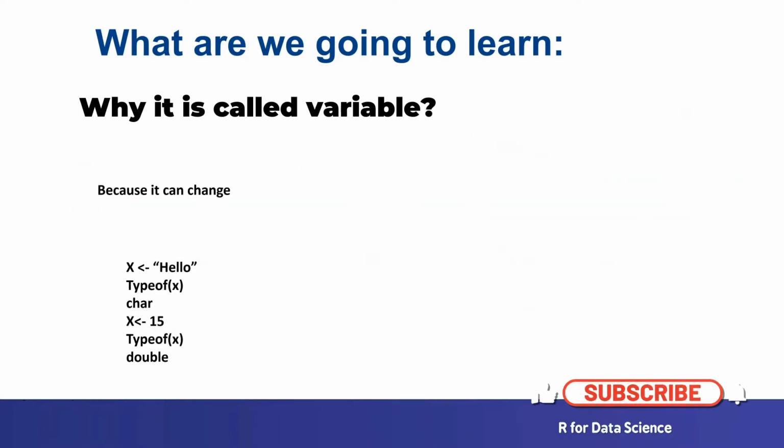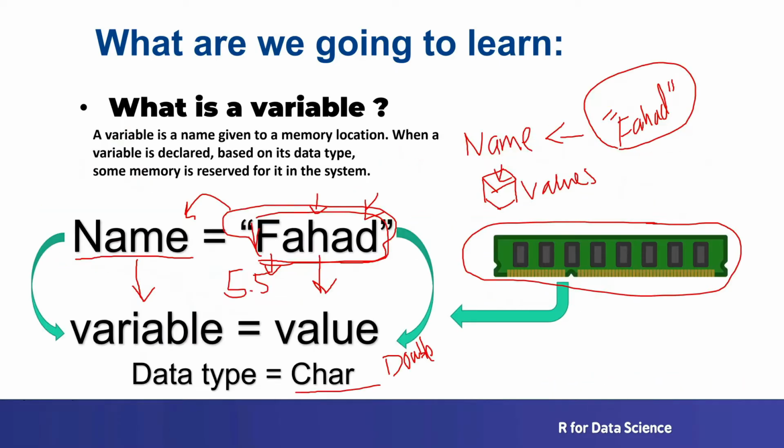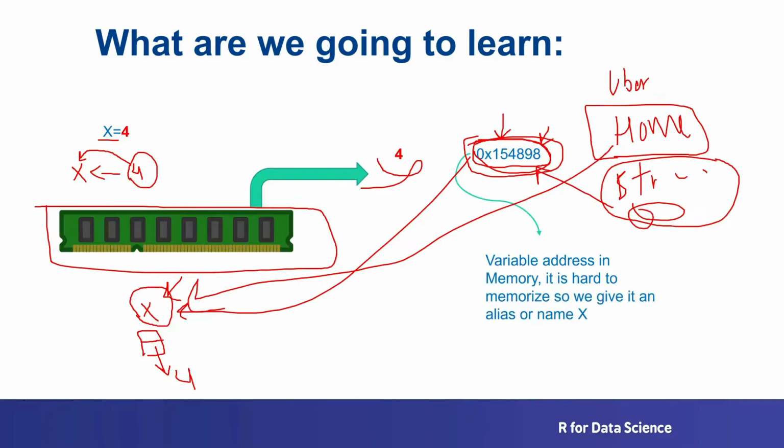Okay, so why is it called a variable? Before I go to this section, we know what a variable is. A variable is basically a name given to a memory location. It's a location inside your memory, and it has an alias called name, or in this situation x, and it has a value.